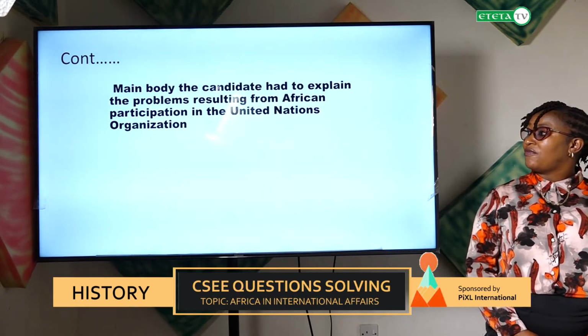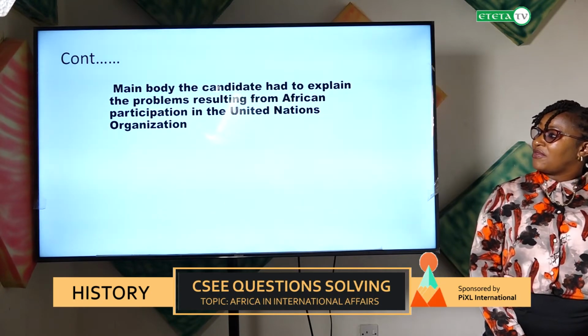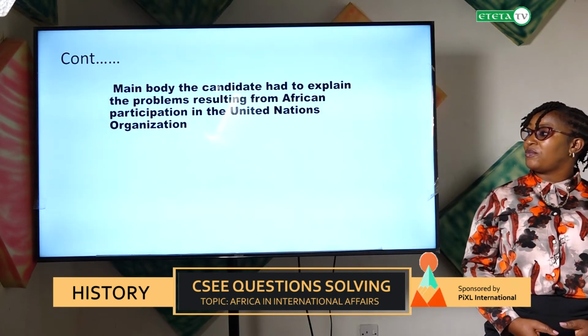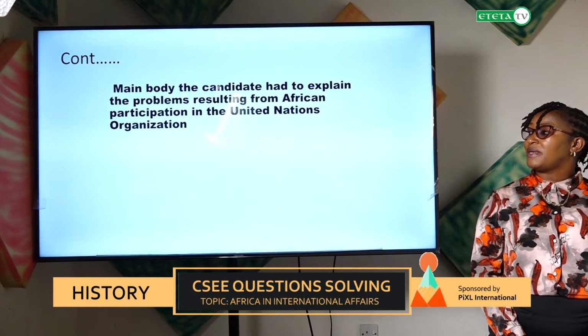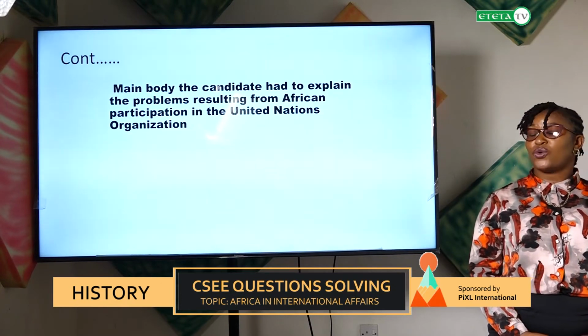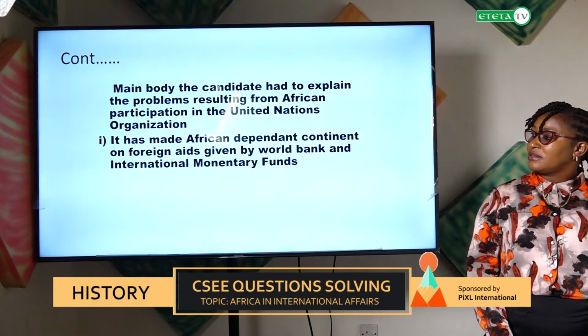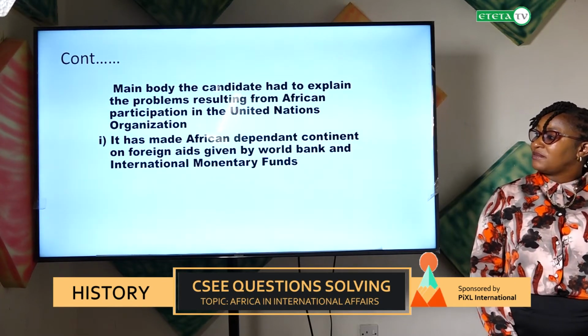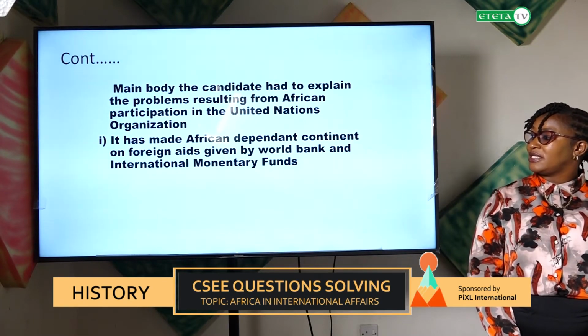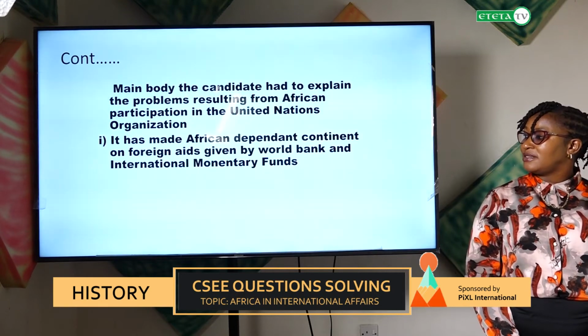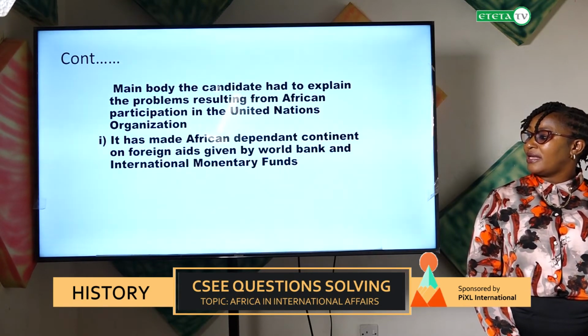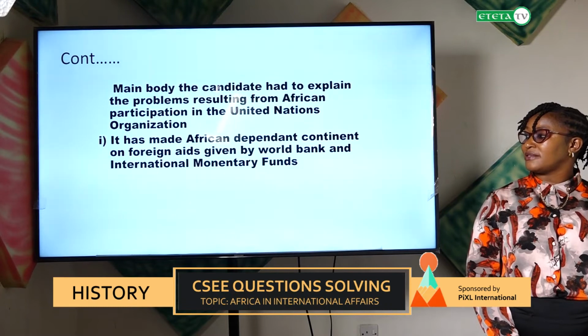In the main body of the question, the candidate had to explain the problems resulting from African participation in the United Nations Organization. The first point says that it has made Africa a dependent continent on foreign aid given by the World Bank and International Monetary Fund.